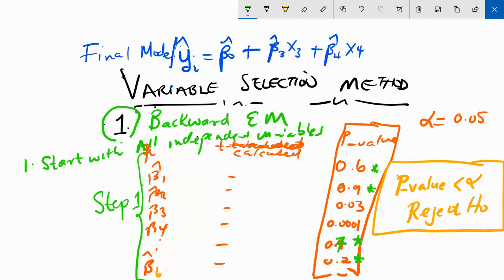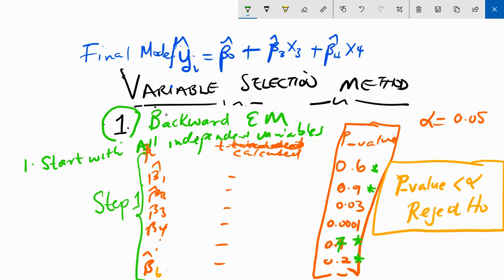It will first remove the variable that is highly insignificant. So far, we have 4 which are not significant, but we cannot remove 4 at once. We have to first remove the one which is highly insignificant. So in our case, x2 will be the first variable to be removed. So what is going to happen now?